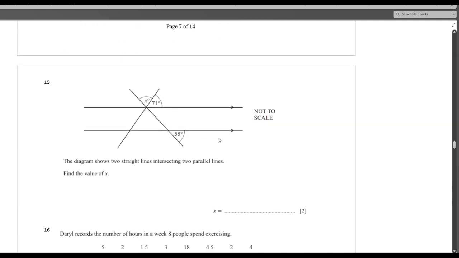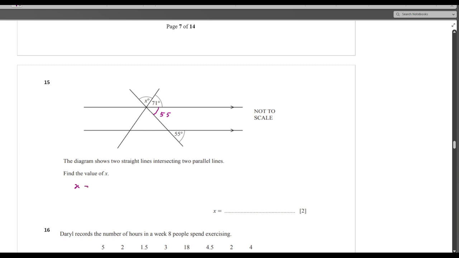Now question number 15, the diagram shows two straight lines intersecting two parallel lines. Find the value of x. Okay, so see here this angle is 55, so this angle will also be 55, corresponding angle. And now the sum of these three angles is going to be 180.